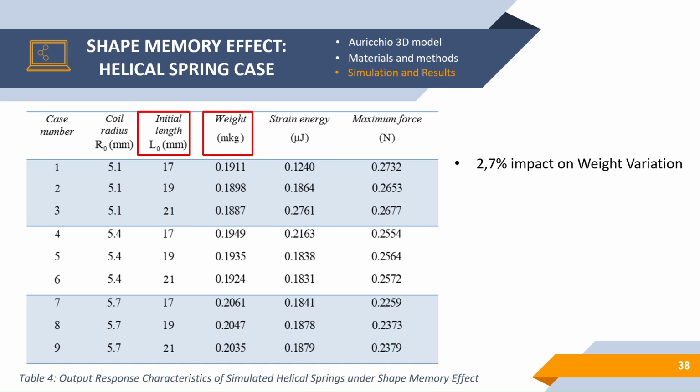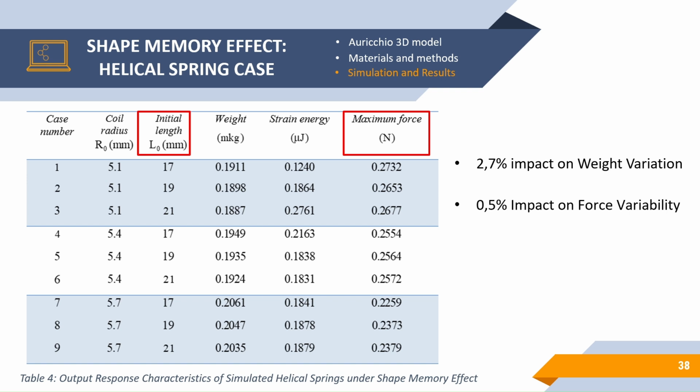On the other hand, it seems that the initial length of the spring has a relatively minor impact, estimated at 2.7% for the weight and only 0.5% for the maximum force.